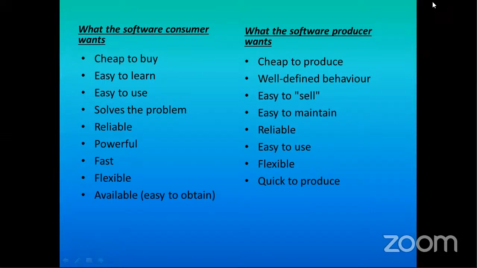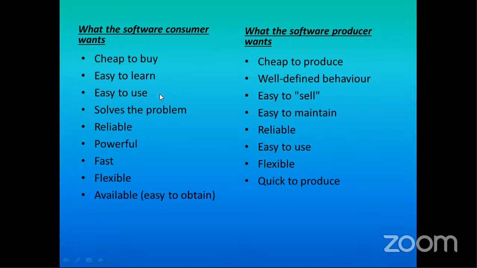Consumer: powerful. Then producer: easy to use. Consumer: fast.